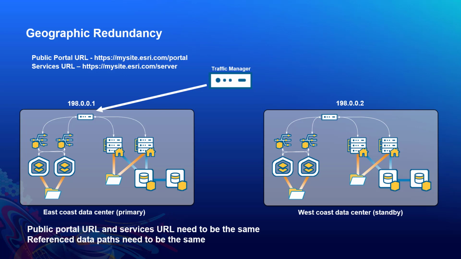My traffic manager is directing traffic to the East Coast data center. Both environments are configured with the same public URLs. So the public portal URL and the services URL to reach the server site and the portal are both the same. What also needs to be the same are any paths to any reference data within services. I'll go into more detail about specific requirements for duplication in a second.